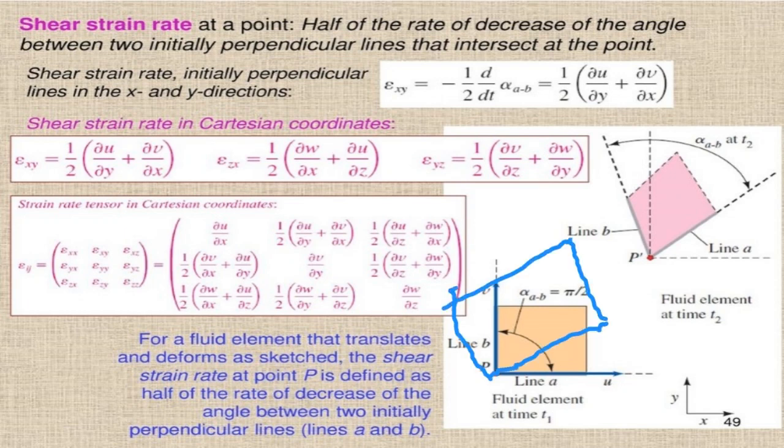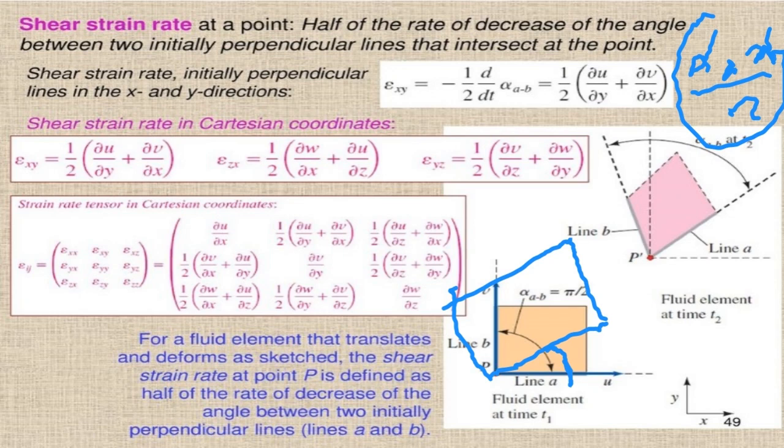But now we have to deal with the time rate of change of it. So the time rate of change is the difference between alpha 1 minus alpha 2 divided by 2. So the time rate of change of this property will have 1 over 2 (du/dy plus dv/dx).